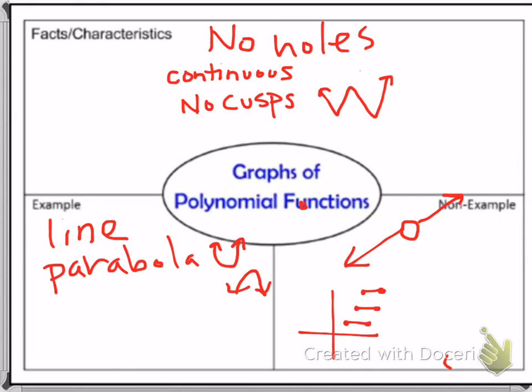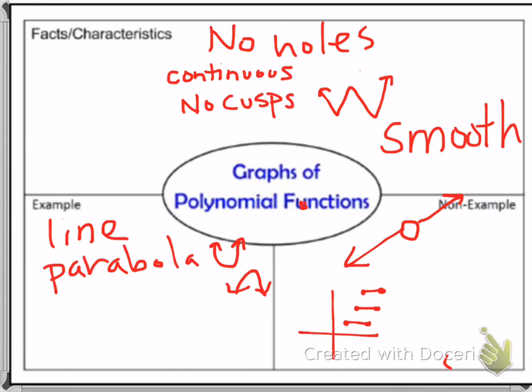So no sharp points. So if we're looking for a polynomial function, we're looking for a graph that has no holes, is continuous, and has no cusps, which is another way to describe it. Sometimes we just say that it's smooth. So if it's smooth, it would be a polynomial function. To not be a polynomial function, it could have a cusp, it could have a hole, it could be not continuous. Are you following me on what the graph should look like?